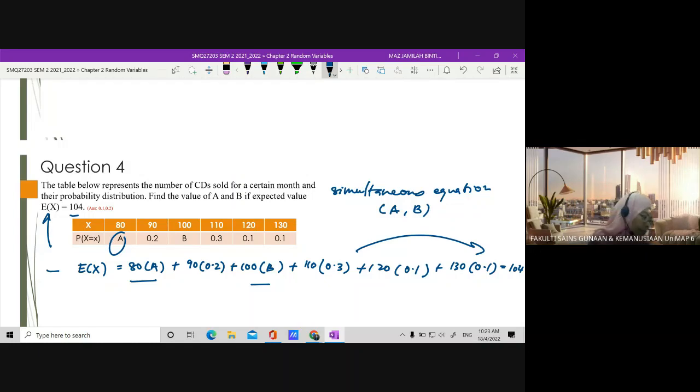So this will be your first equation. How to find your second equation? Okay, class, I think you can try. Go back and try how to find your other equation for your simultaneous equation.